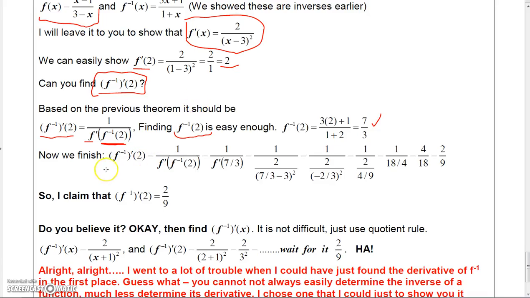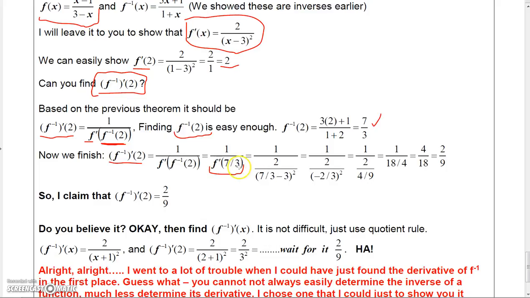Now, to finish up, the derivative of f inverse at 2 is 1 over the derivative of f evaluated at 7/3.